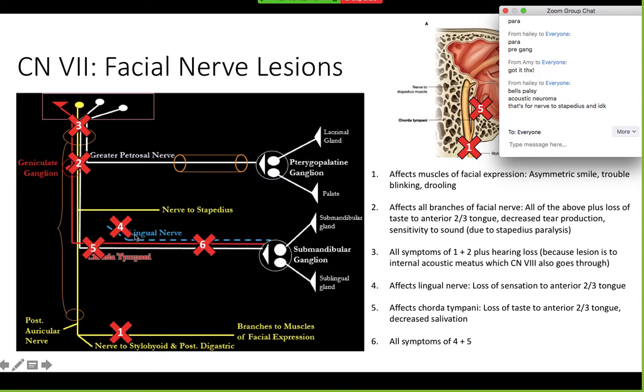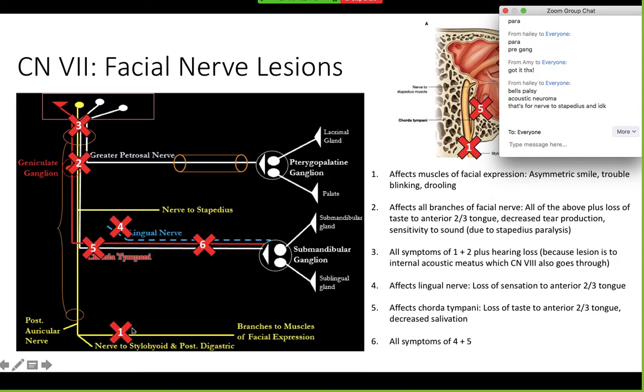So not only do you have a loss of sensation to the anterior two-thirds of the tongue, you also have a loss of taste sensation to the anterior two-thirds, and then you're also losing parasympathetics to the submandibular ganglion. And then if you have a lesion before the lingual nerve, then in number 5, general sensation to the anterior two-thirds of the tongue is spared, and you're just hitting the taste and the parasympathetic innervation.